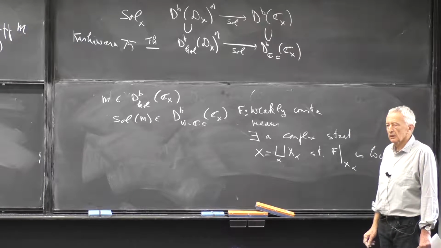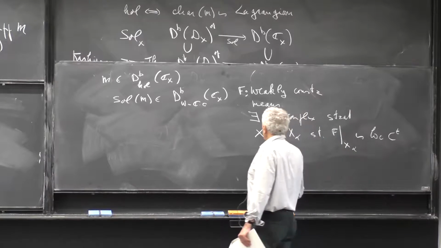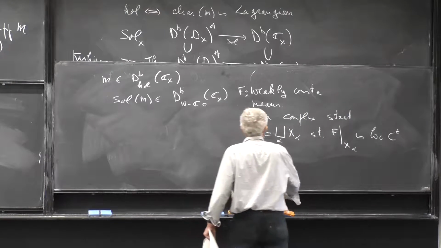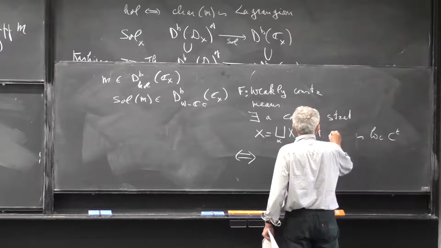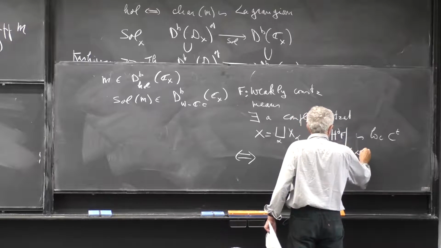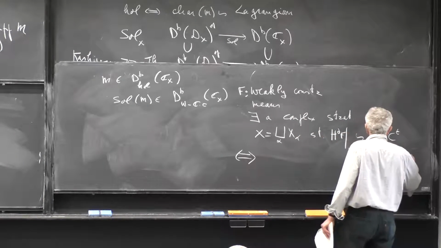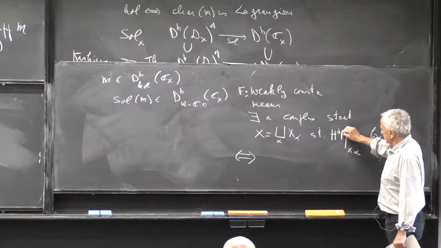Okay. And it is a general theorem of sheaf theory. This is equivalent, for an object of the derived category, I take all cohomology groups. All cohomology groups are locally constant on the strata.